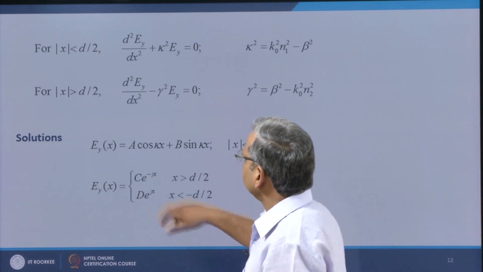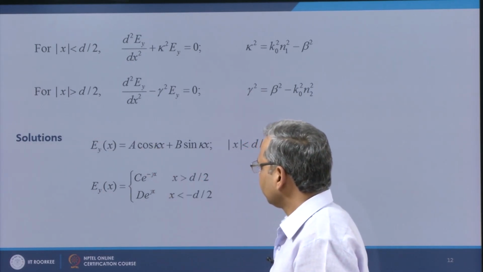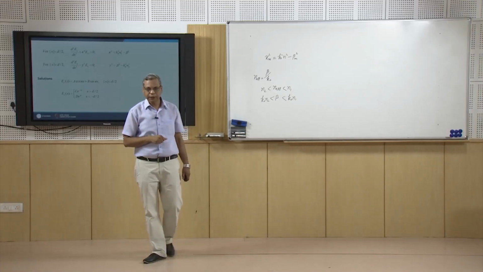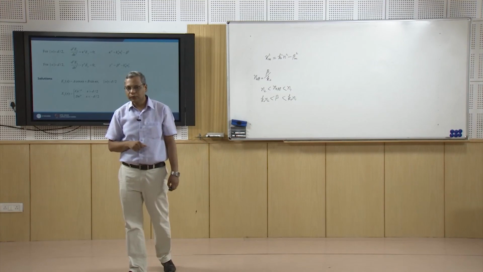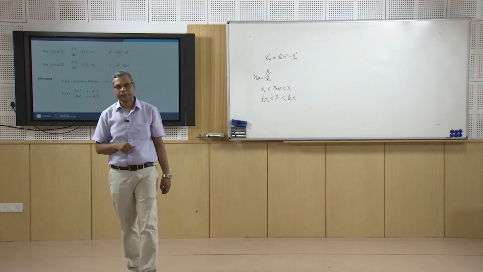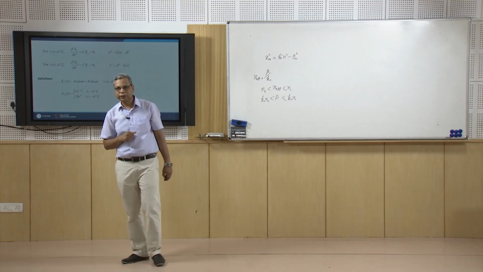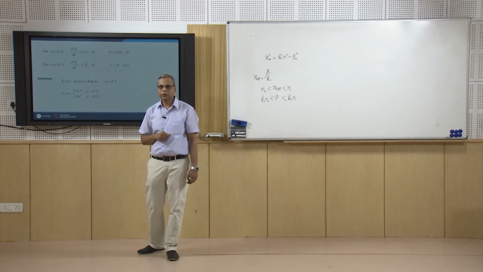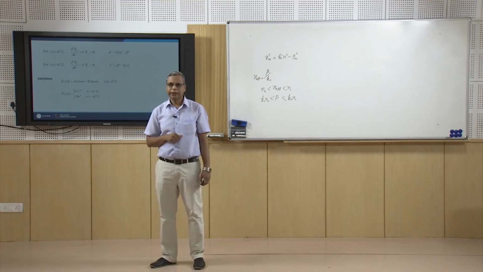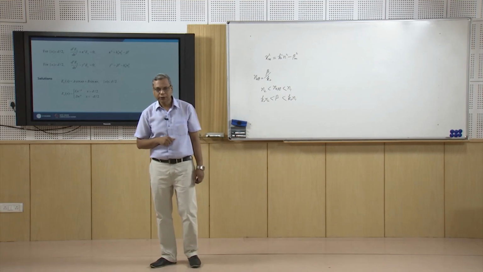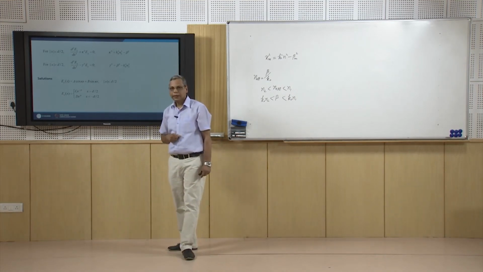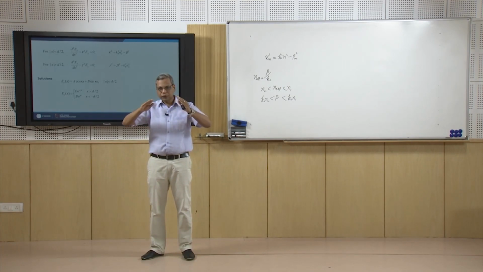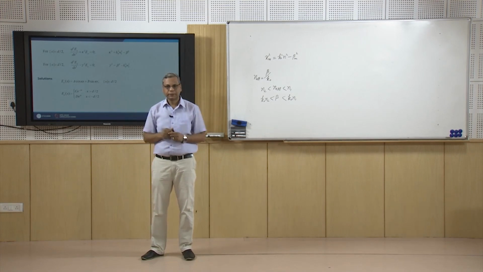in the region mod x greater than d by 2 I have exponentially amplifying and decaying solutions, but out of these two solutions I retain only the exponentially decaying solution, and not the exponentially amplifying solution, because I want a solution which gives me guided modes, and for guided modes the energy should be confined into the high index region and it should decay down as you go away from the high index region.